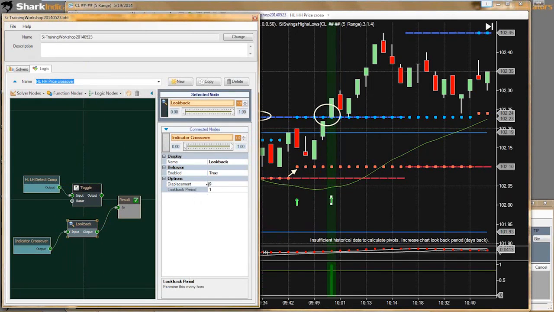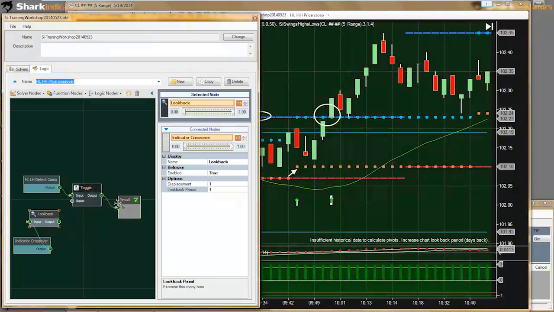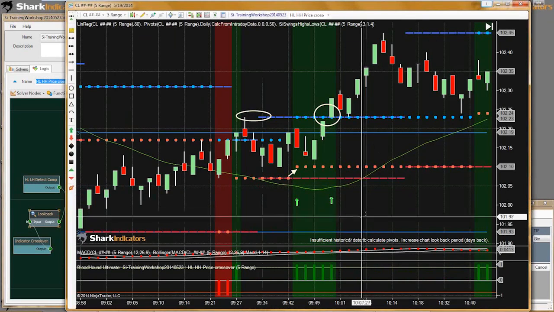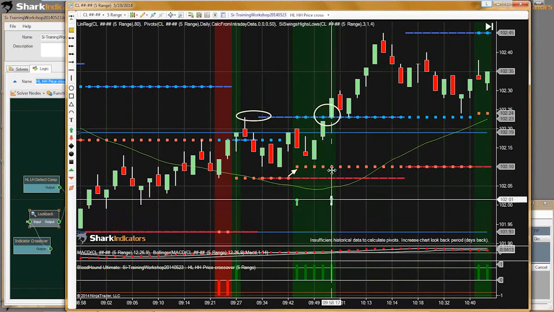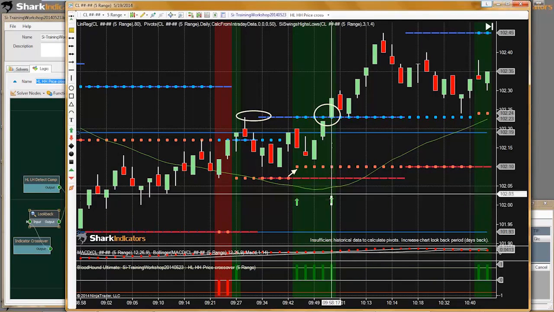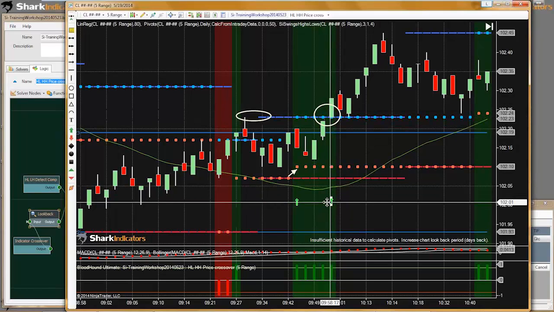And we actually want to use this displacement here to delay the signal forward 1 bar. So now if we look at the toggle node, plug this into the reset. Now look, the toggle node has a long signal on the bar where price crosses above our higher high.